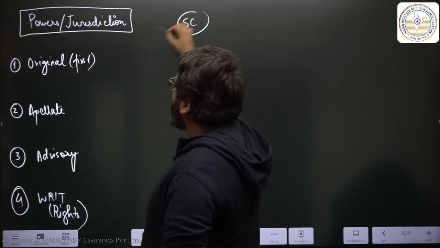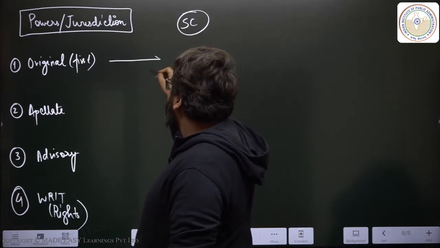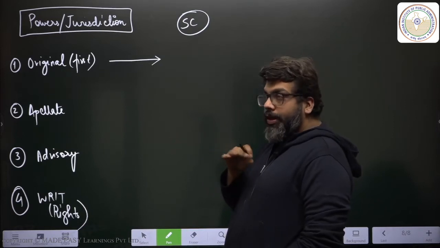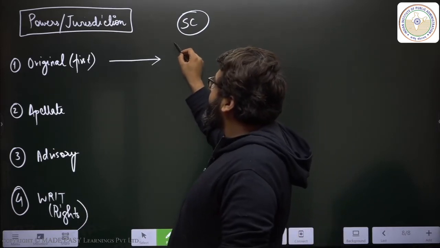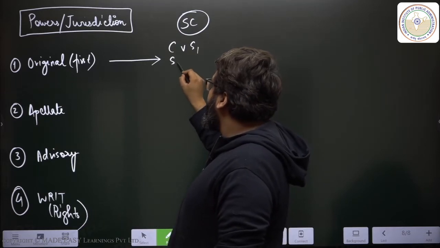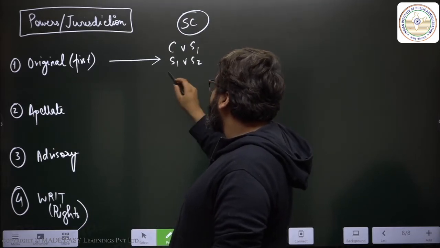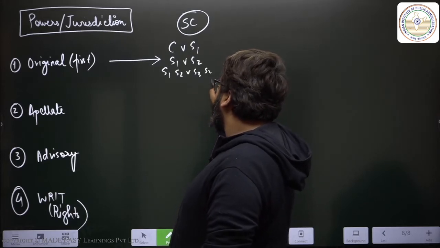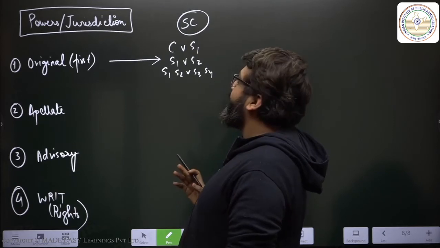As far as the Supreme Court and original jurisdiction is concerned, you can only and only go to the Supreme Court and nowhere else where there is a dispute between the center and state 1, or a dispute between state 1 versus state 2, or state 1, state 2 versus state 3, state 4. All of this is perfectly fine.